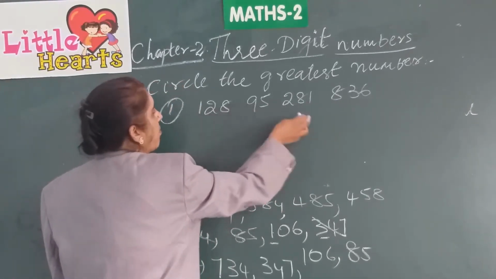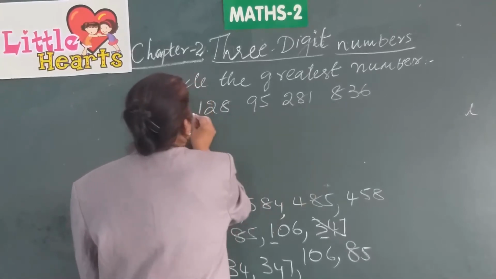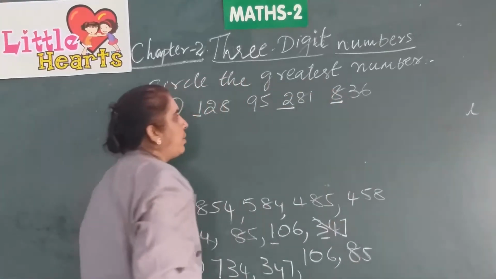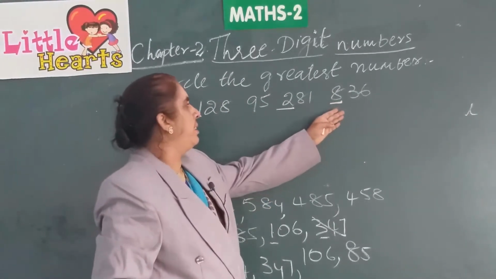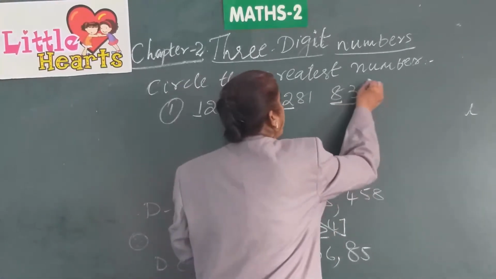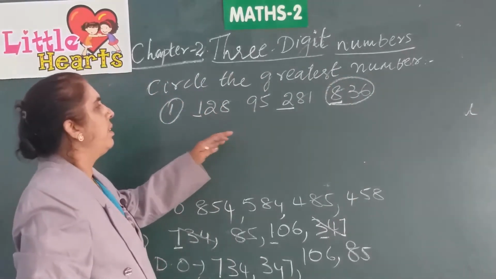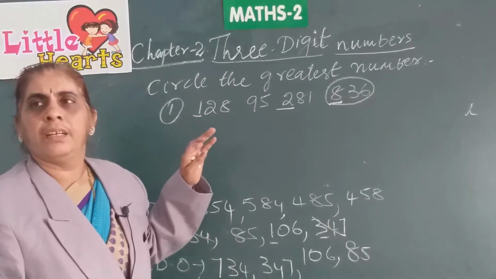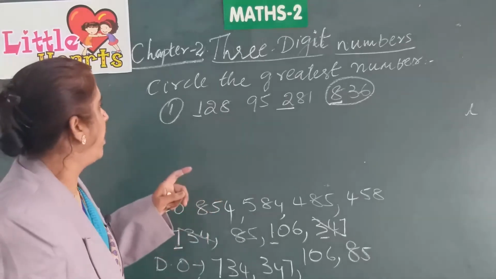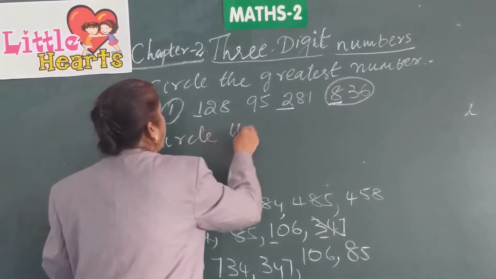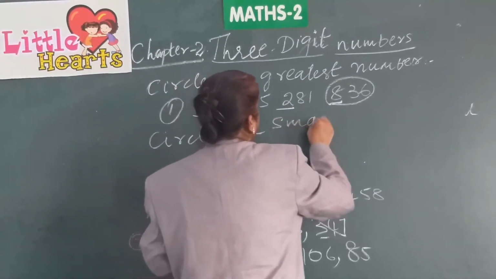And now start comparing in the 3-digit numbers. 1 in the hundreds, 2 in the hundreds, 8 in the hundreds. So, 836 is the greatest number. Just check the digit in the hundreds place. You can easily identify the greatest number.